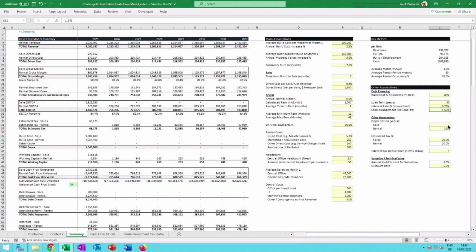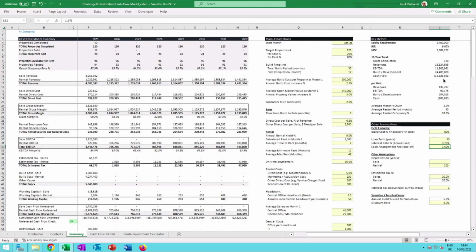Then there are some other assumptions around the depreciation for the sales properties and for the rental, tax, also whether you can deduct the interest from a tax calculation, and then finally assumptions that we'll use for valuation. So those would be the yield assumption and the discount rate.